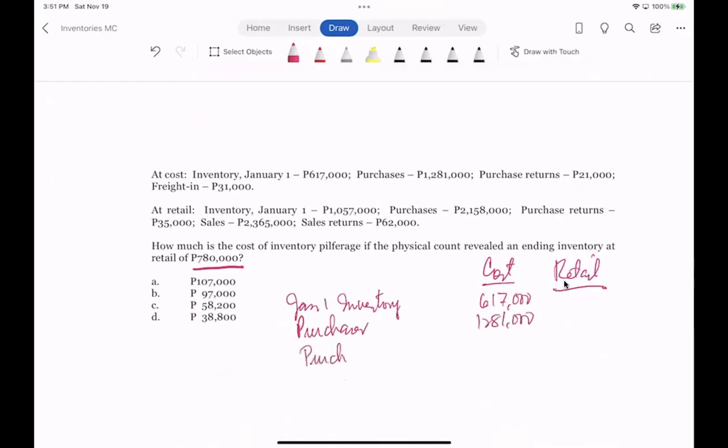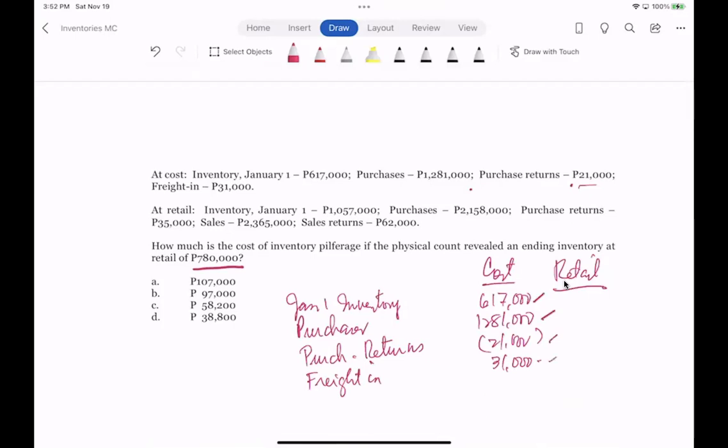Deduct purchase returns, 21,000. Freight in, 31,000. So at cost, for purchases, everything is considered. Again, we have inventory January 1, 617, purchases 1,281, purchase returns 21, freight in 31.